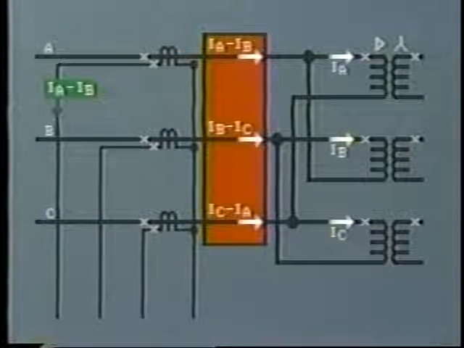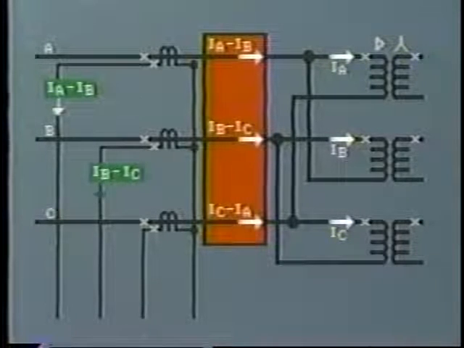Observing the polarity markings of CTs on this primary side, we see that the current flowing to the differential relay is IA minus IB in this phase, IB minus IC in phase B, and IC minus IA in this third phase.